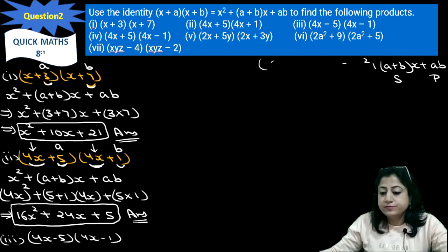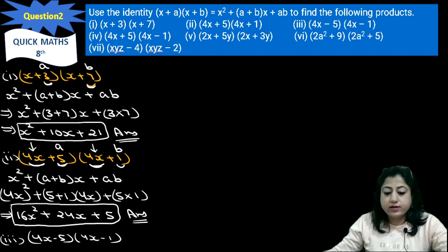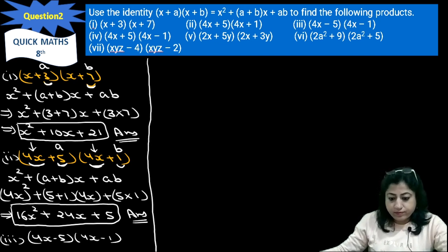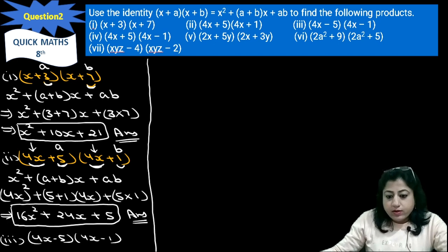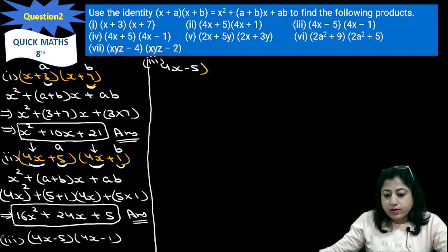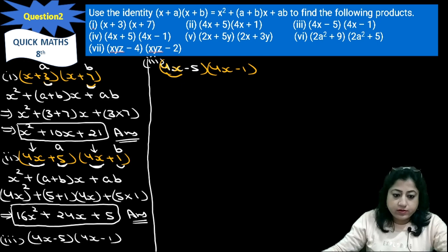Here it is 4x minus 5, this is the third part, and 4x minus 1. Similarly, if we identify a, b and x, then x is 4x here.